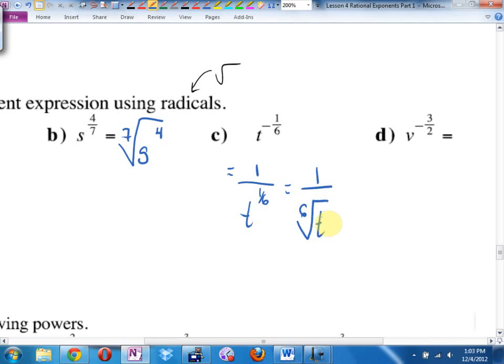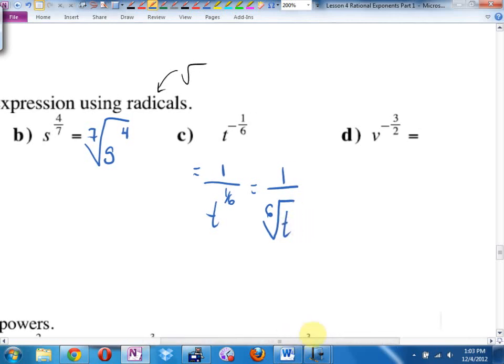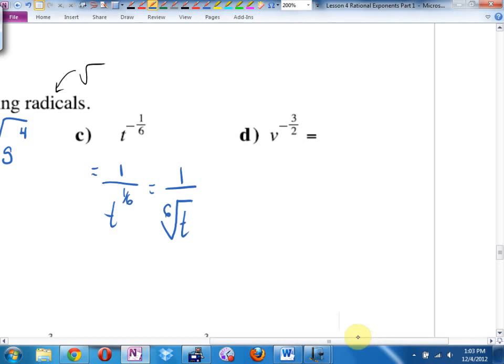Try d on your own. You get 1 over the square root of v cubed.